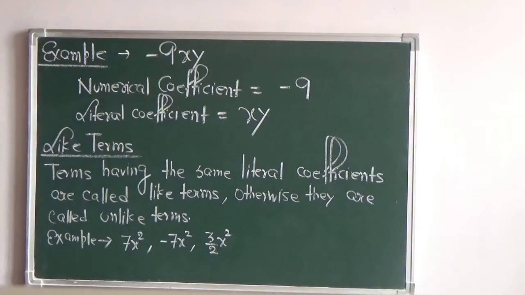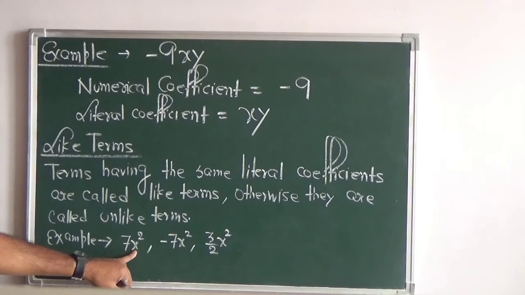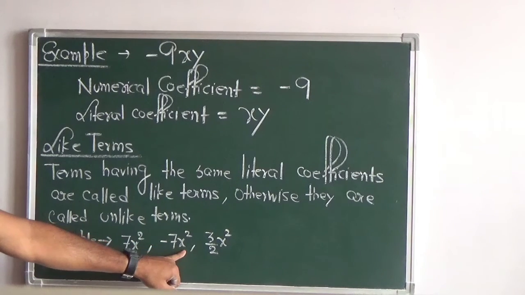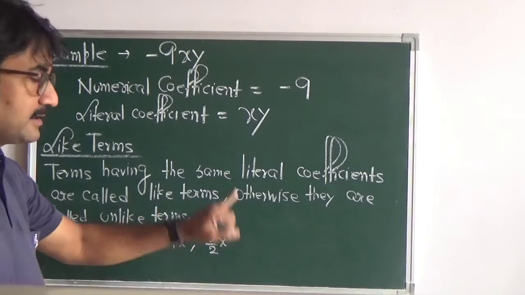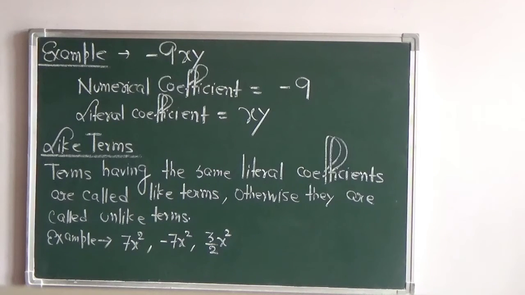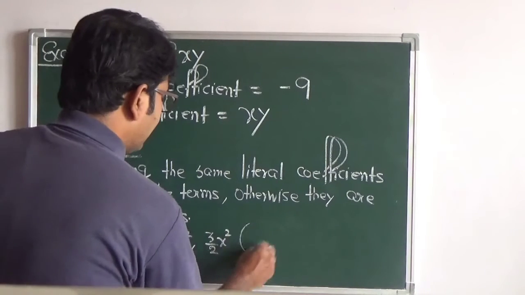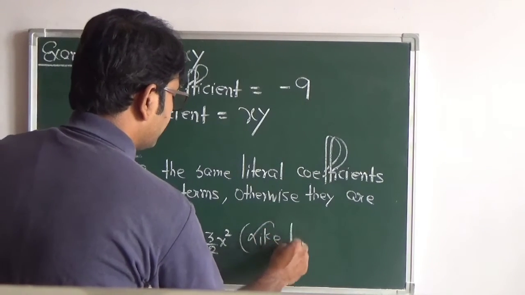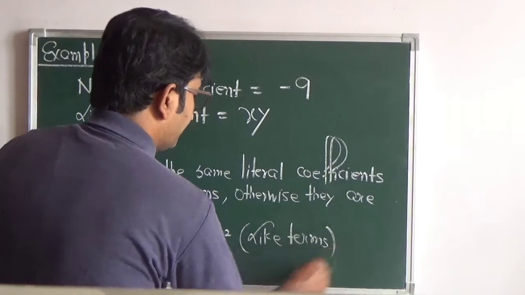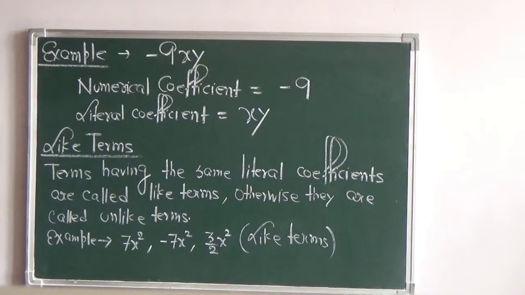So what is the literal coefficient in these terms? x square is the literal coefficient. Here also x square is the literal coefficient. Here also x square is the literal coefficient. So if the literal coefficients are all the same, then we call them like terms. So all these are like terms because they have the same literal coefficients.